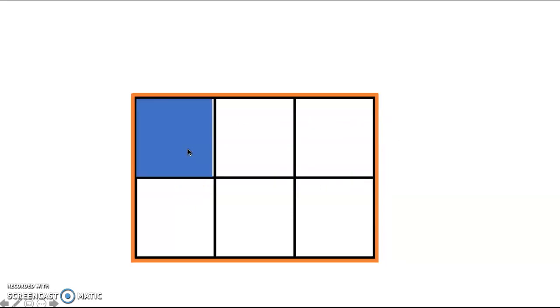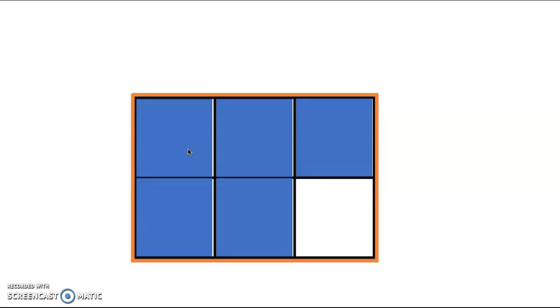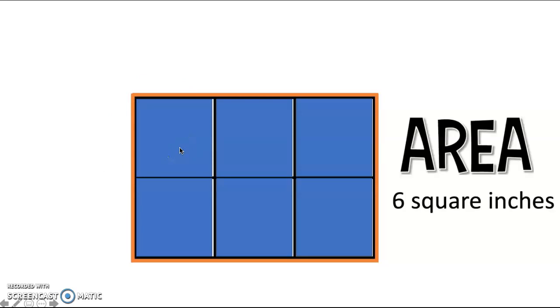Let's see, we've got 1, 2, 3, 4, 5, 6 square units, and remember that each of these square units measured 1 inch. Okay, so our answer would be 6 square inches. That's the area of this rectangle.